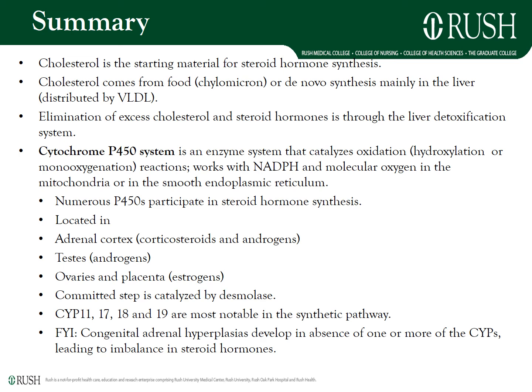However, steroid hormones are not synthesized in the liver. They are synthesized in target organs, mainly the adrenal cortex and some in the intestines, ovaries and placenta, androgens and estrogens.